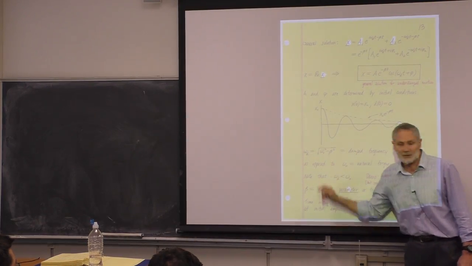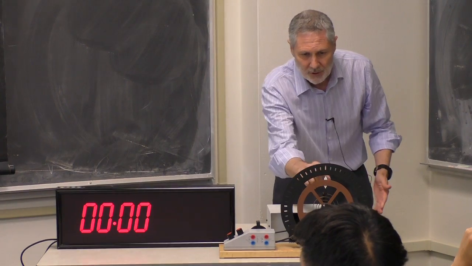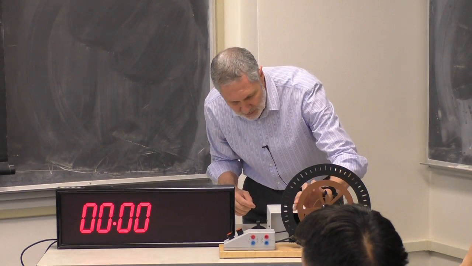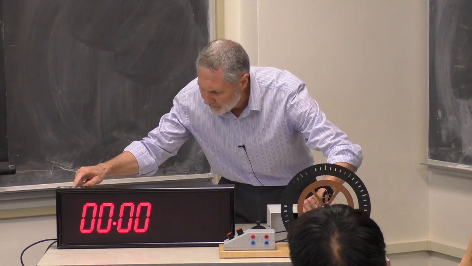Here's the natural frequency. When I have no current, the best I can do here is just have no current, and I get these oscillations. Let's time 10 oscillations. Okay, we've done this kind of thing before.